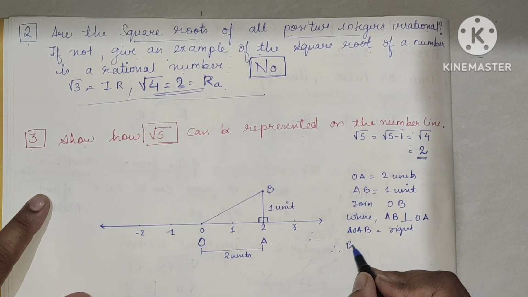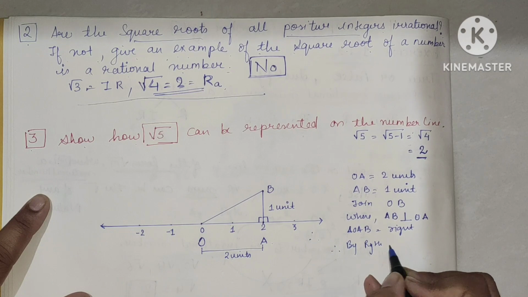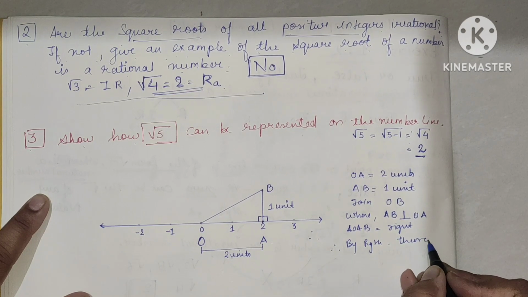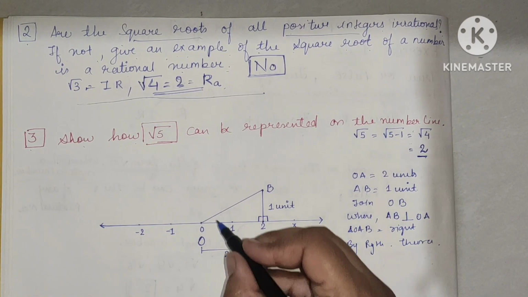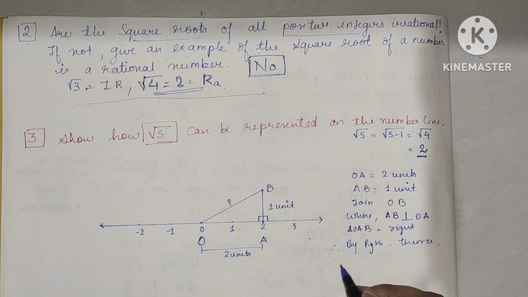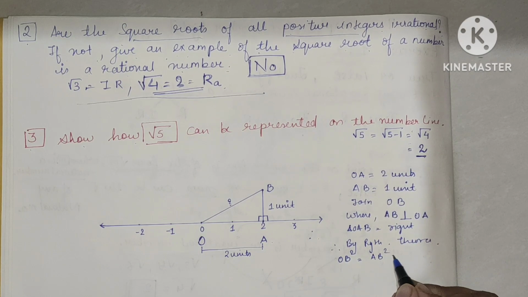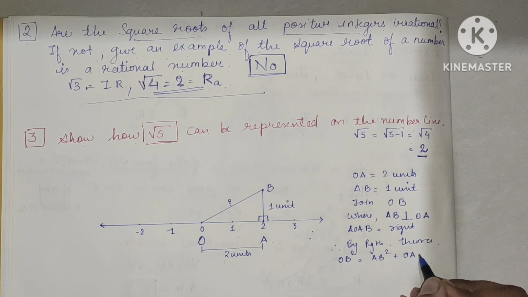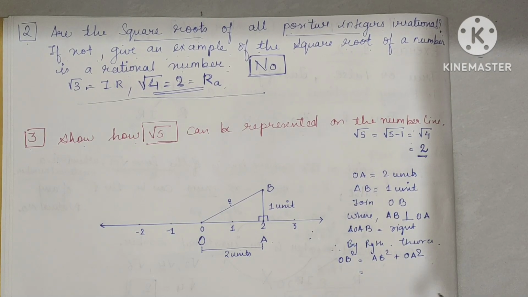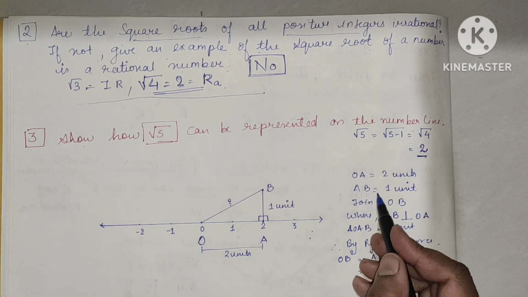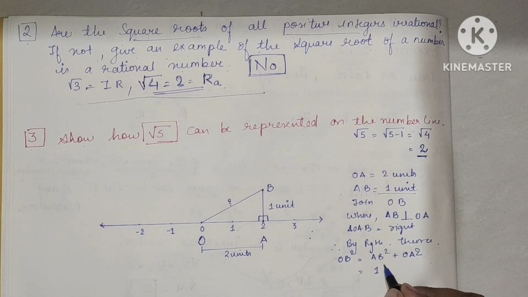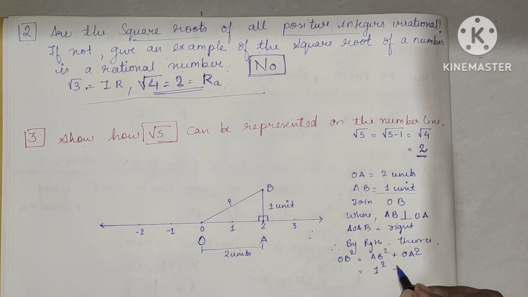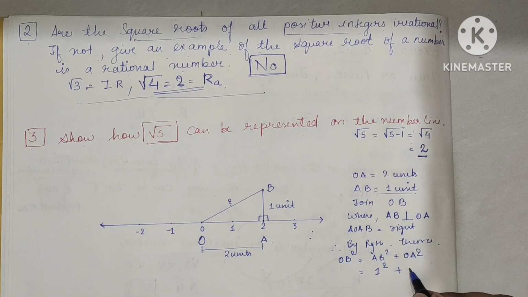By Pythagoras theorem, you have to find OB. What will be OB? OB square is equal to AB square plus OA square. Therefore, AB is 1 unit, so 1 square. OA is 2, so here it will be 2 square.